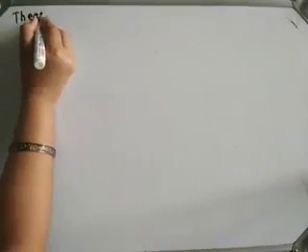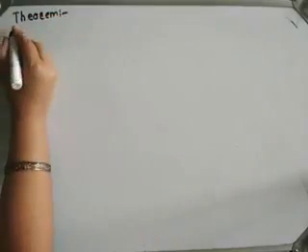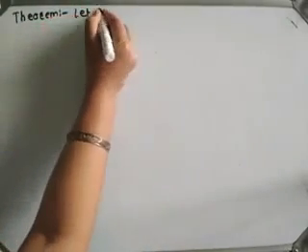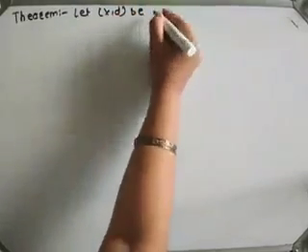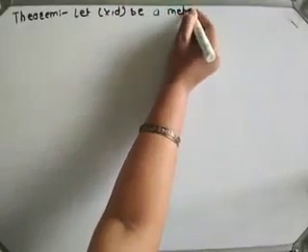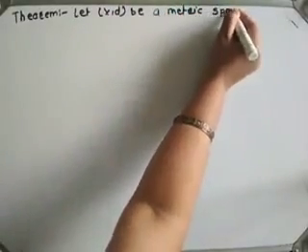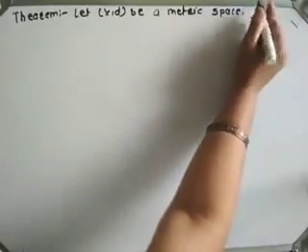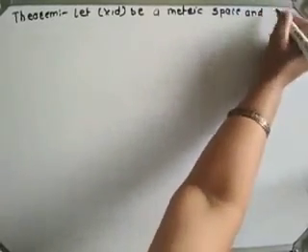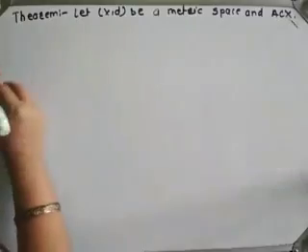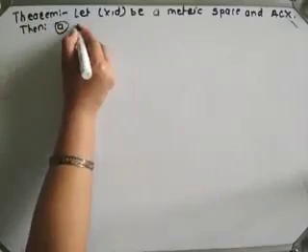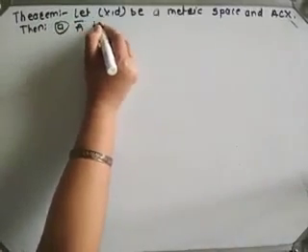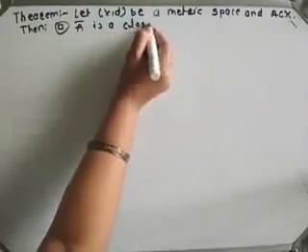Let us take one theorem. Let the ordered pair (X, d) be a metric space and A is a subset of X. Then, part A: A closure is a closed set.